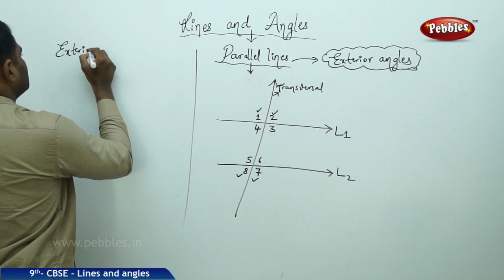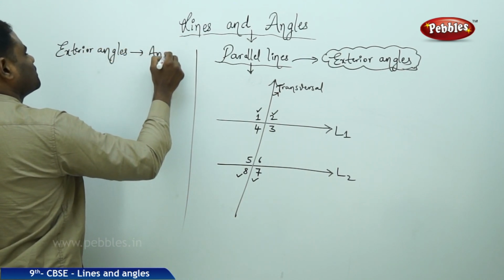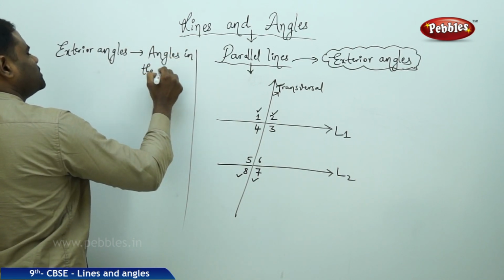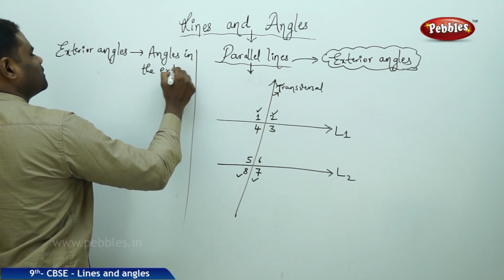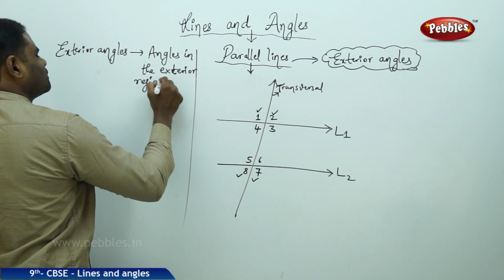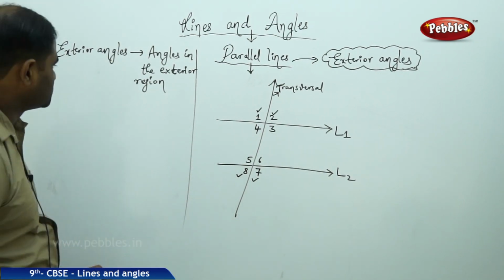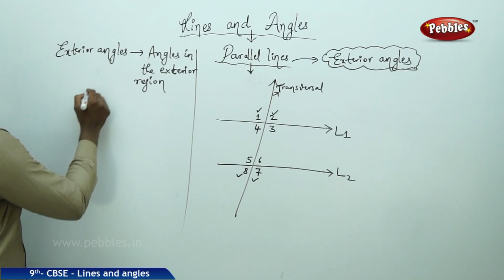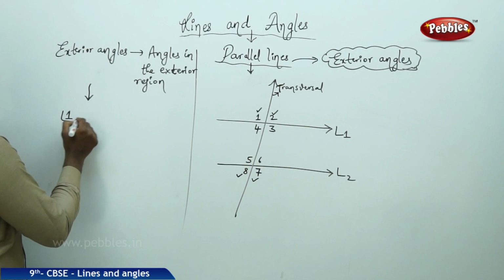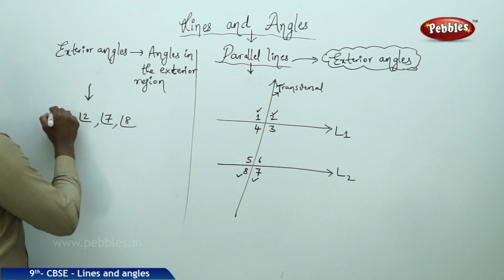Exterior angles are defined to be angles in the exterior region of the parallel lines. So here the exterior angles are angle 1, angle 2, angle 7 and angle 8.